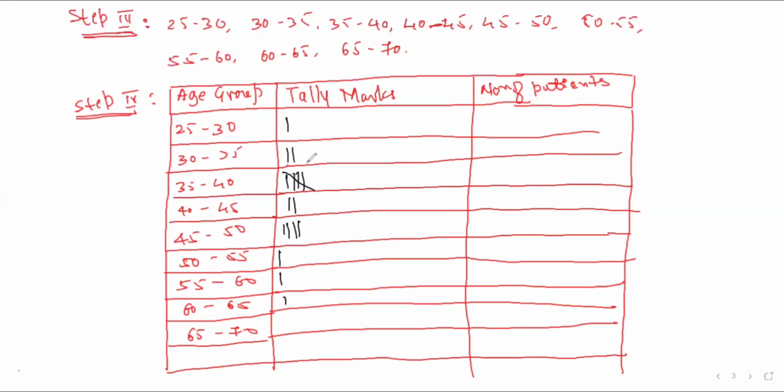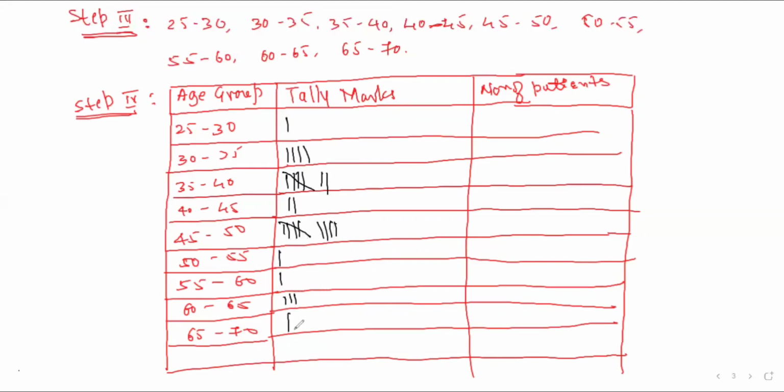Next is 33. Next is 48, 48, 49, 36. One more 35, 30, 45, 46, 60, 33, 61, 46.